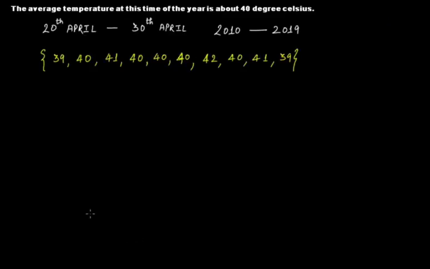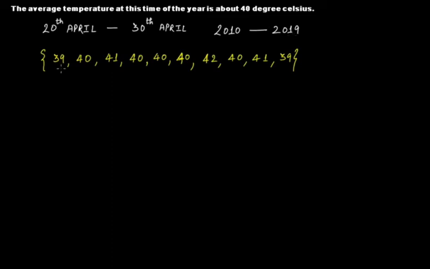Take this one. In this case, you have the average temperature at this time of the year is about 40 degrees Celsius. The period is 20th of April till 30th of April. And let's say that you have recorded data for this period starting from 2010 and up to year 2019.